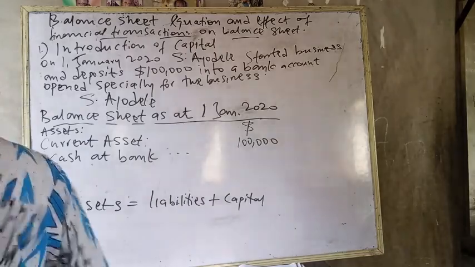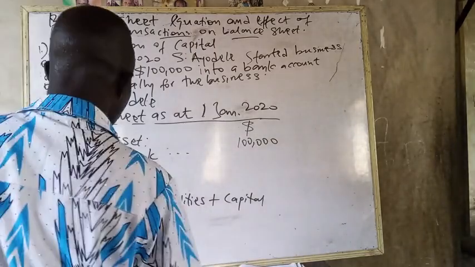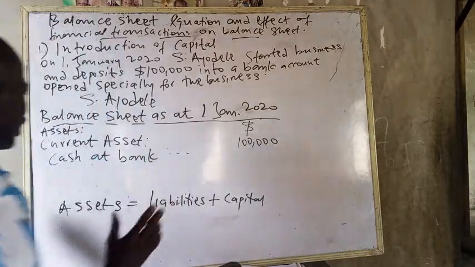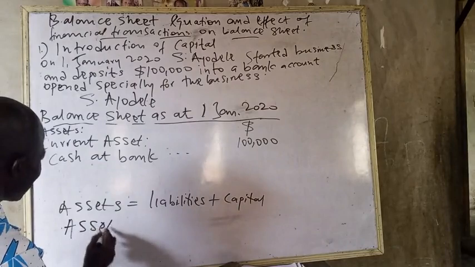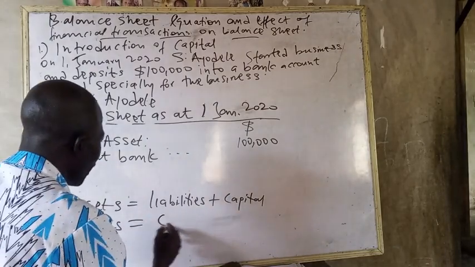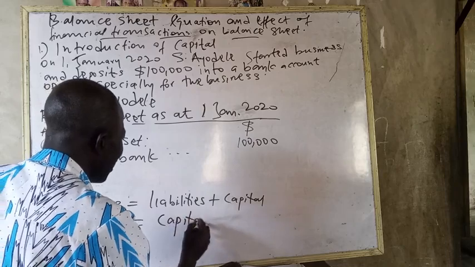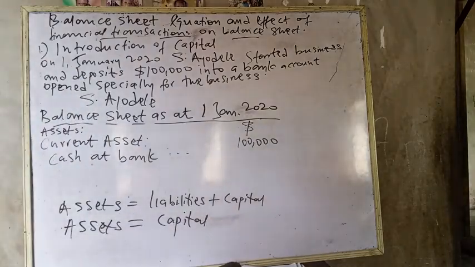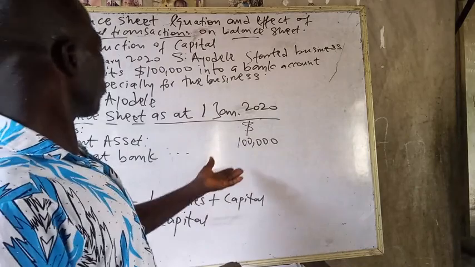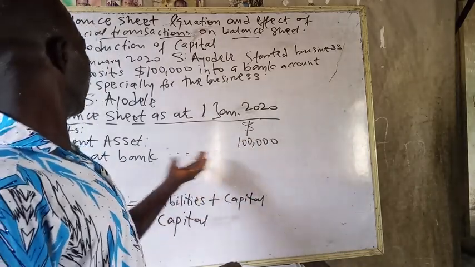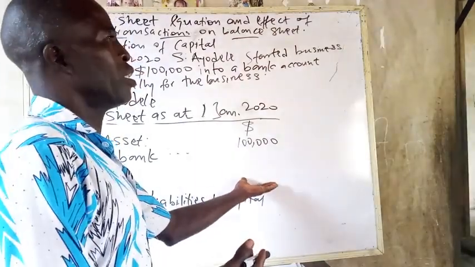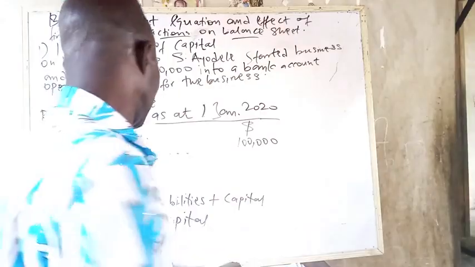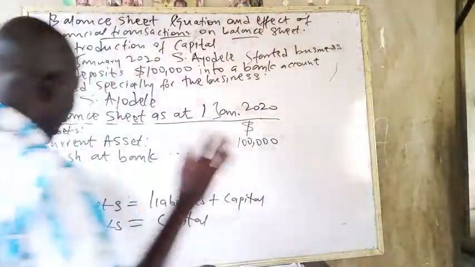So where liability is not involved, asset is also equal to capital. Isn't it? He has 100,000 and deposits into the bank. That means the money he has in the bank is equal to what he has as capital. So there are two ways.